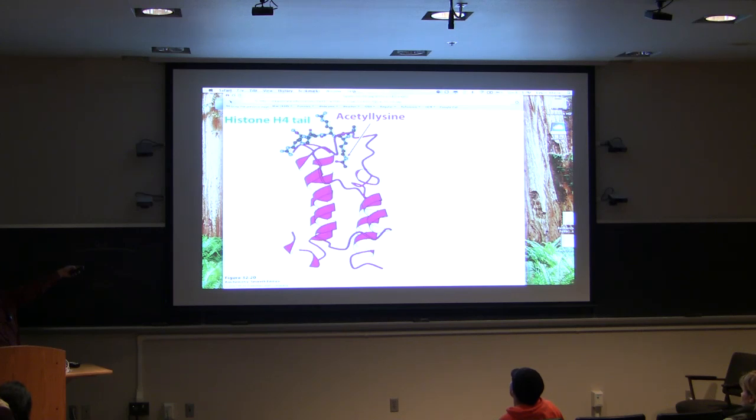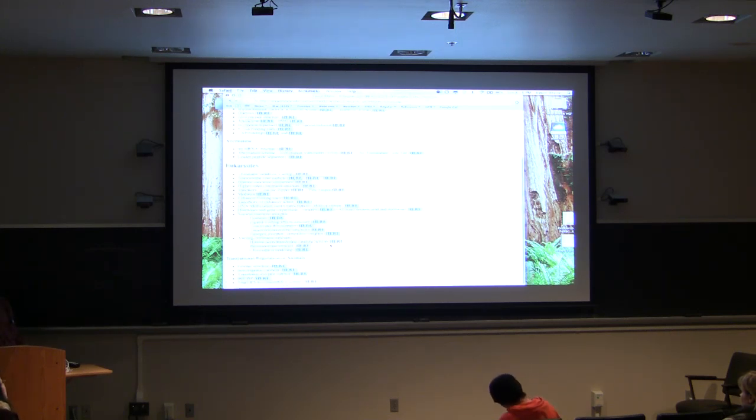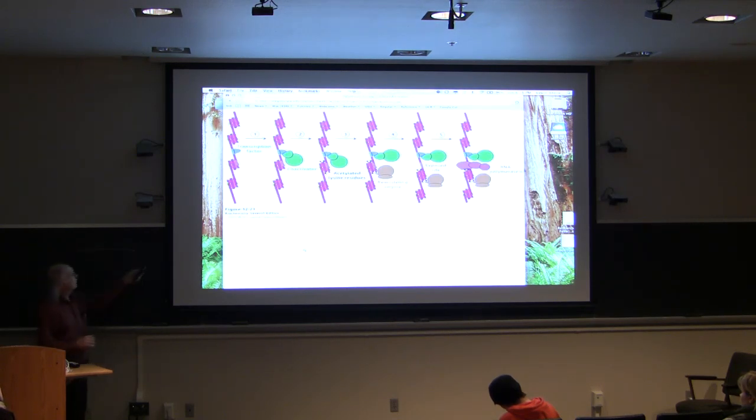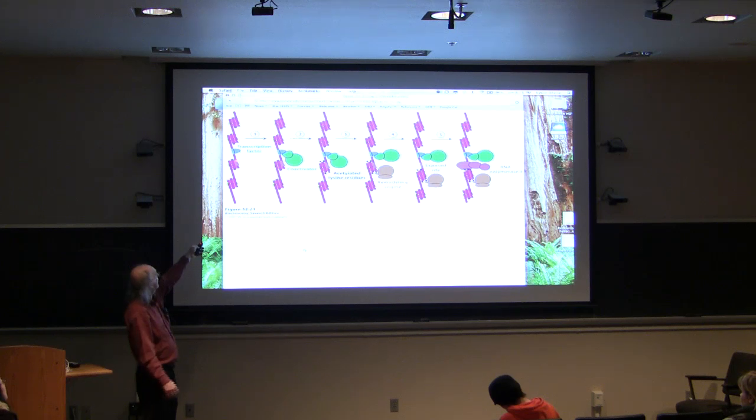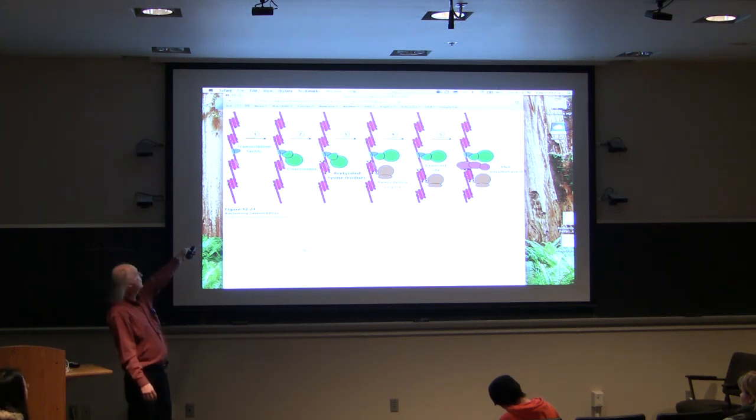The histone that has the acetyl group on the lysine is a target for binding by another protein structure called a bromodomain. And a bromodomain will recognize and bind to an acetylated lysine. Well, let's imagine that I've got my transcription factor that has bound to a DNA.